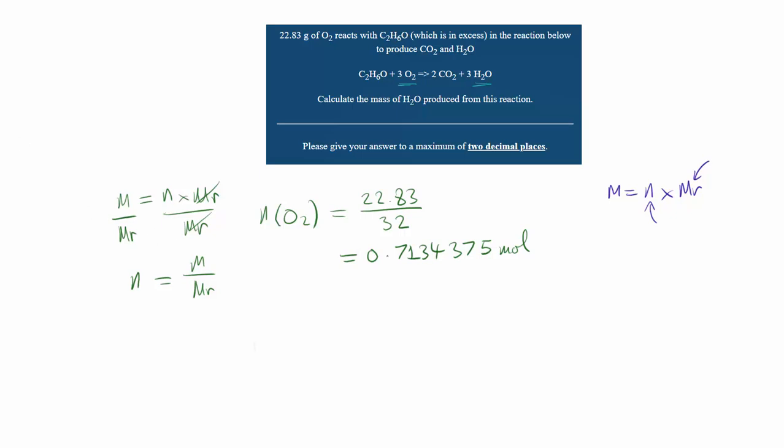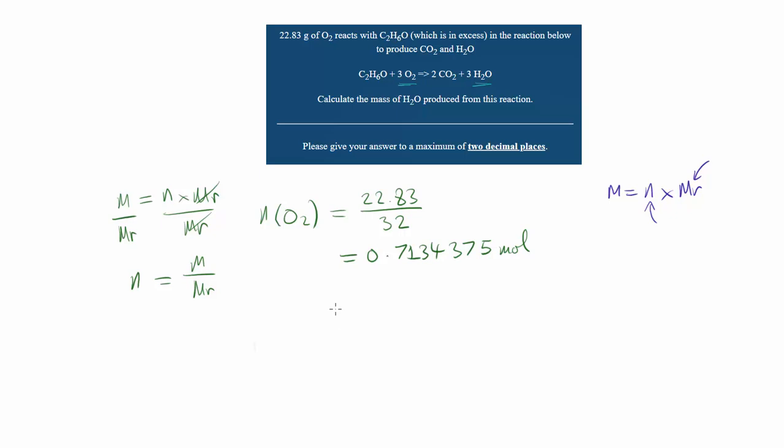Now, the other thing we're going to need to look at here is the stoichiometry, basically, because what we have here is the moles of oxygen. This is the moles of oxygen, but how does it compare to the moles of the H₂O, the amount of substance of the H₂O? Because this is how we're trying to get to the point of being able to figure out the mass of the H₂O.